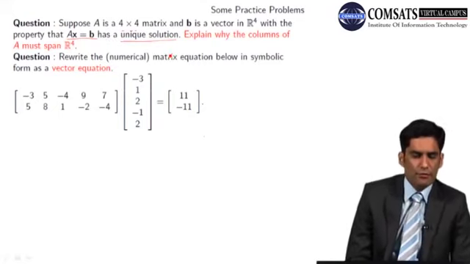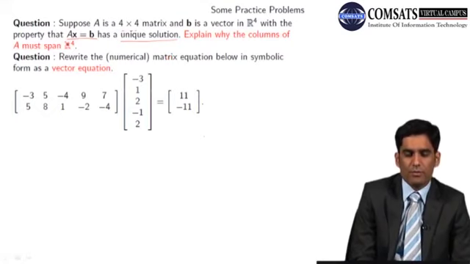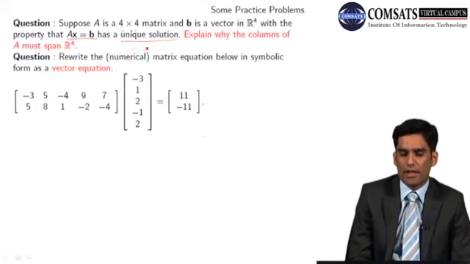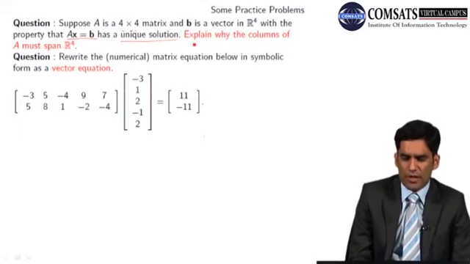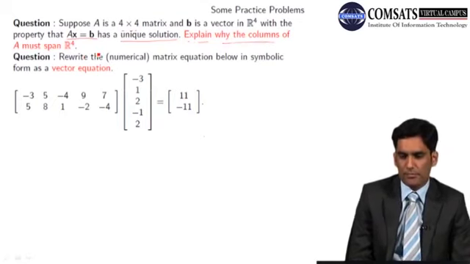So A is any 4 by 4 matrix, B is a vector in R4 with the property that this matrix equation, which represents a system of linear equations, has a unique solution. You have to explain why the columns of A must span R4.